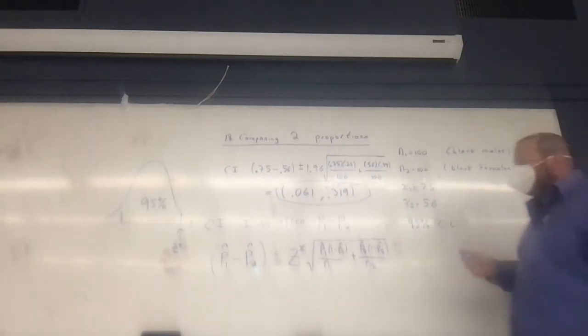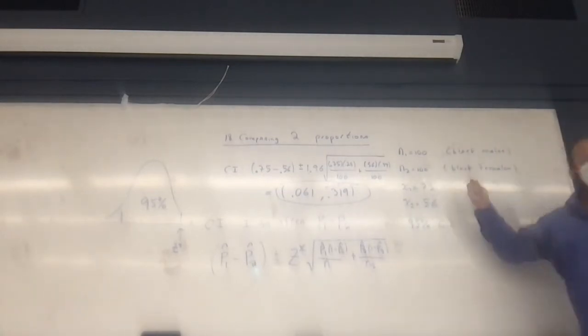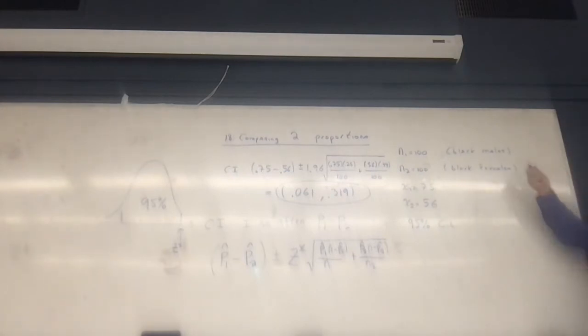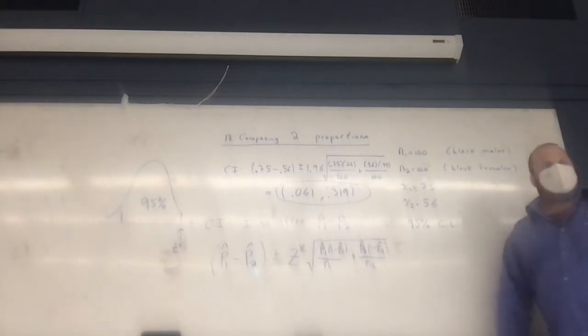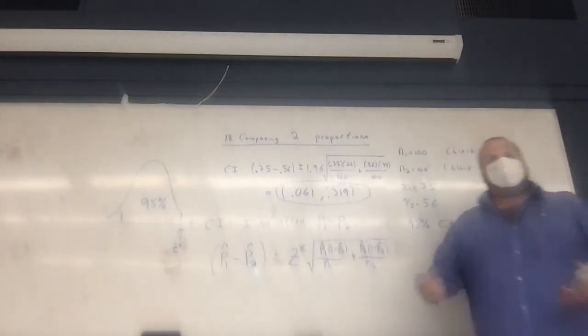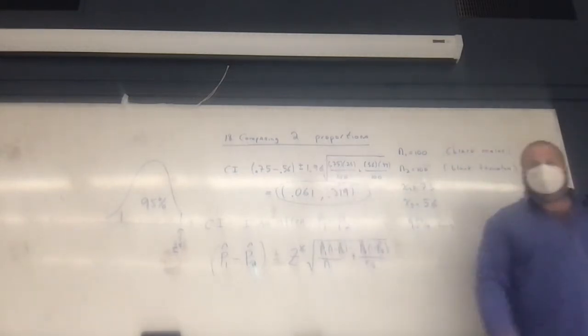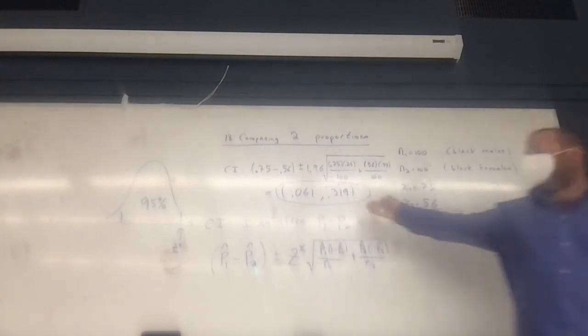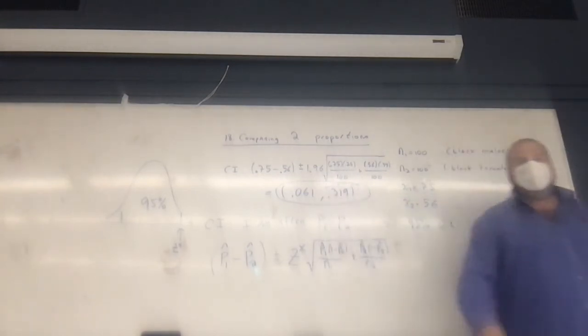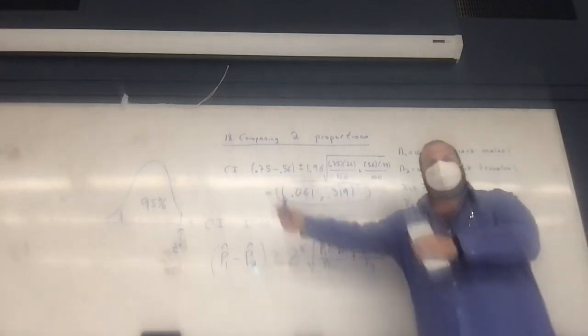The whole question is, are they equal? Well, if 0 is not in there, how are you going to say they're pretty equal? They're only equal if you get 0. But all of these numbers are positive. The entire confidence interval is on the positive side.